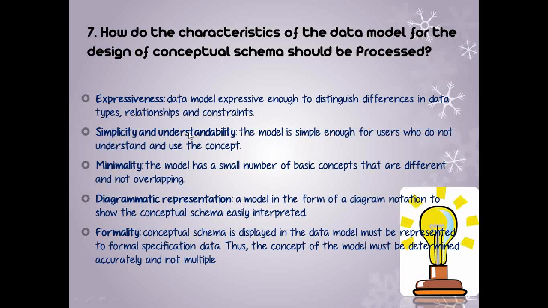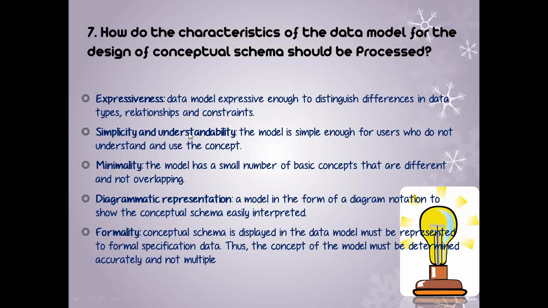The model should have a small number of basic concepts that do not overlap with others. Fifth, diagrammatic representation. A model in the form of a diagram notation shows the conceptual schema so it is easily interpreted. And formality. The data model must be represented in a formal way, so the concepts are determined accurately and are not ambiguous.